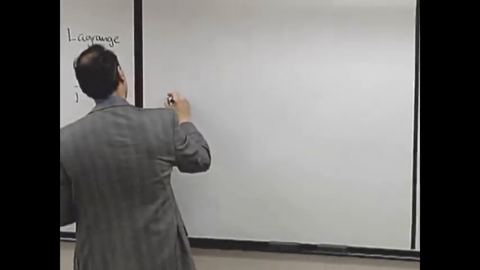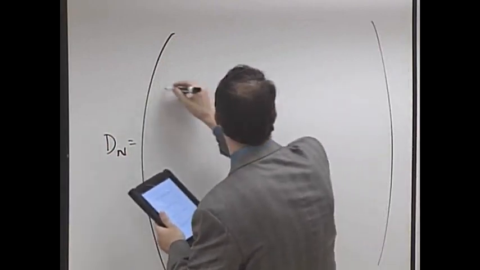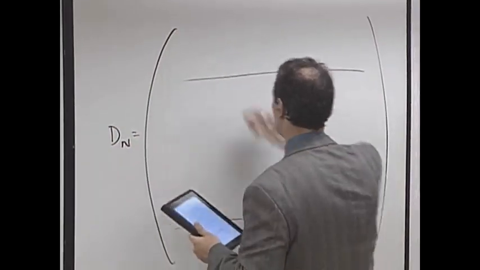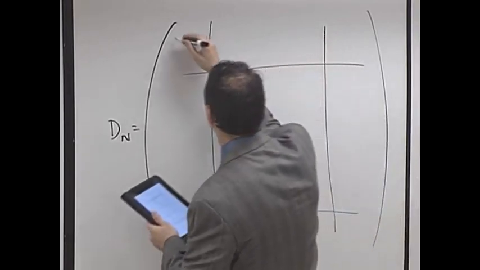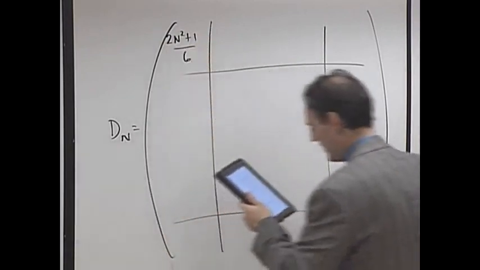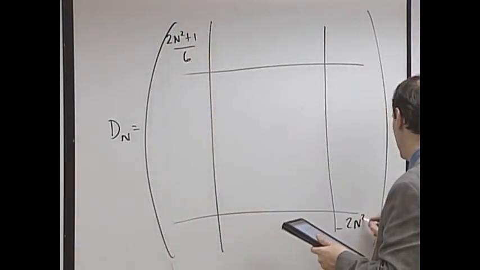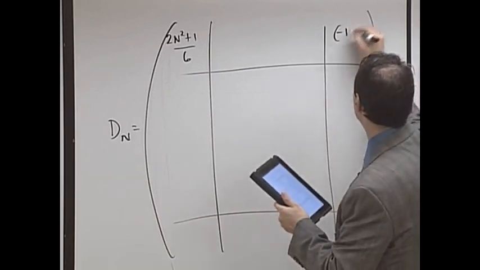So your D of n. I don't even know if it's worth doing this, but let's do it. I've already committed. Those are the corners.